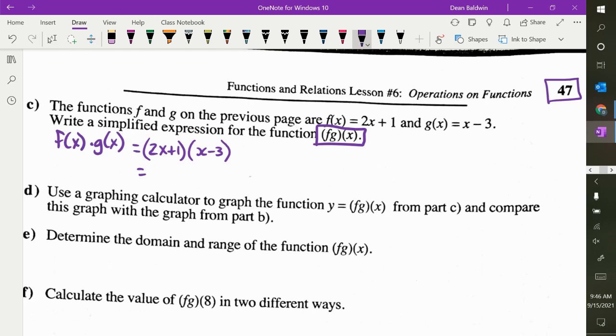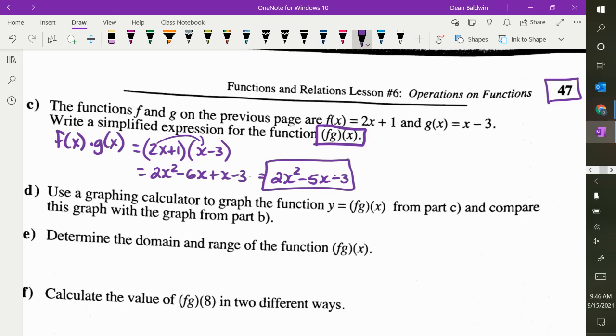You FOIL it out. Yeah, you multiply them. So 2x squared minus 6x plus x minus 3. Negative 6x plus x is negative 5x minus 3. That is your answer. You're done. You've just multiplied the functions out.